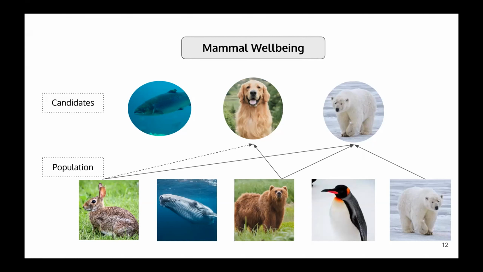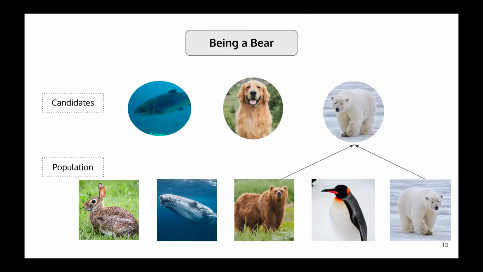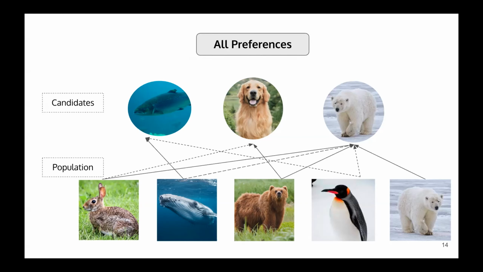This really shows the flexibility of something like this. And of course, we have some niche notions, such as being a bear, that can only be represented by a bear.